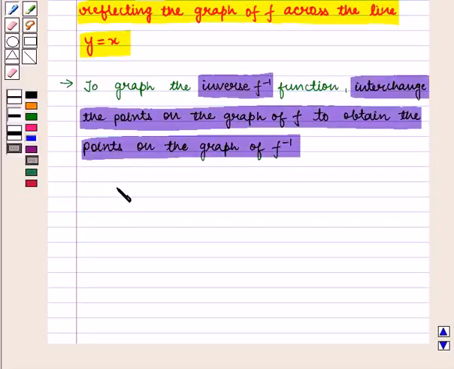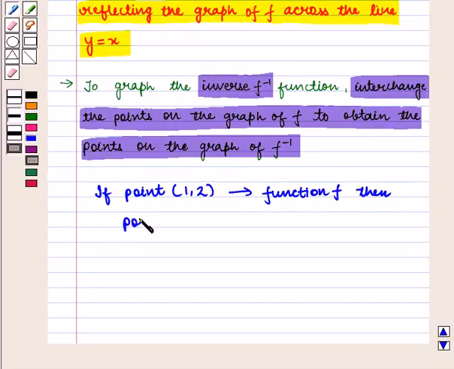For example, if the point with coordinates 1, 2 lies on the graph of function f, then the point with coordinates 2, 1 will lie on the graph of function f inverse.